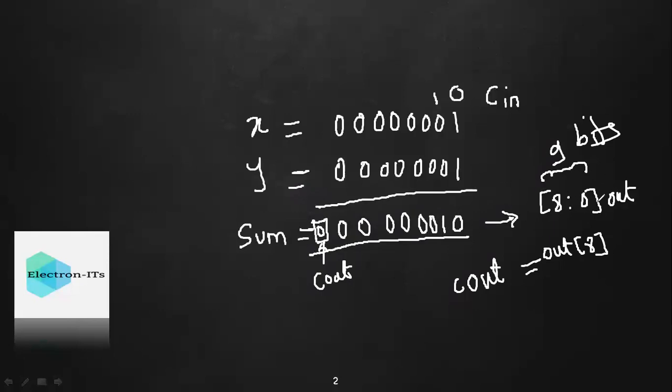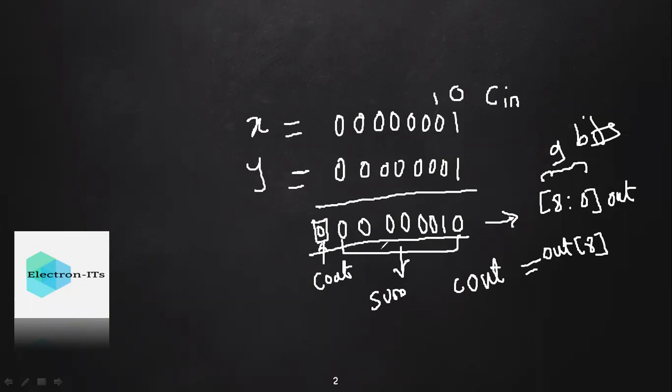That's why we are representing the out signal as [8:0]. Whereas the sum signal is nothing but this signal, consisting of these bits, from 0 to this 0. This portion represents the sum, and these total 9 bits represent your out.